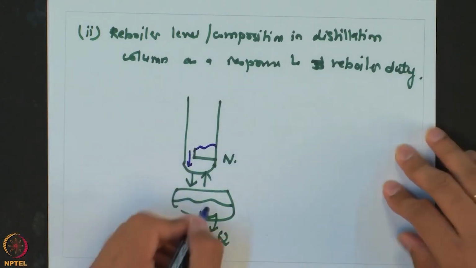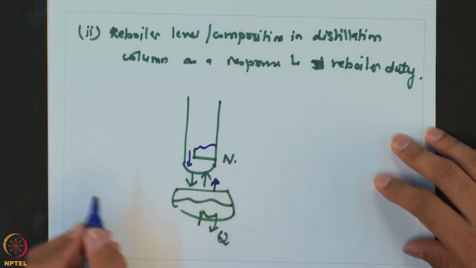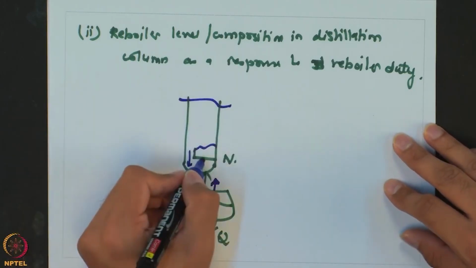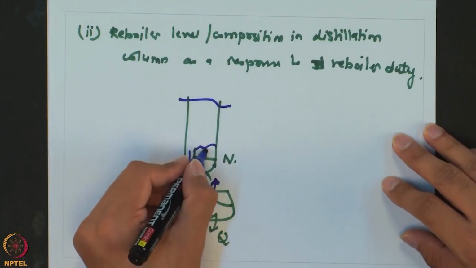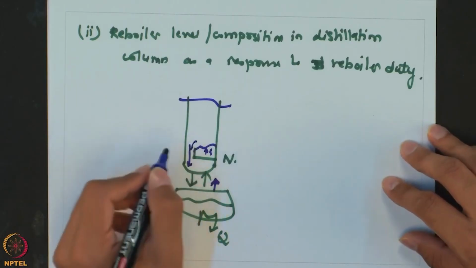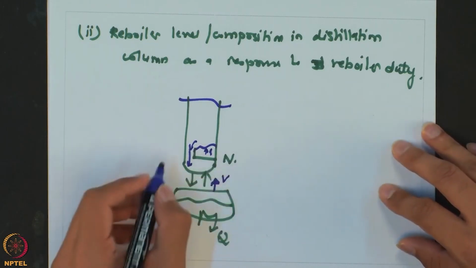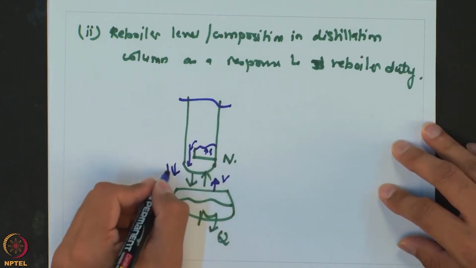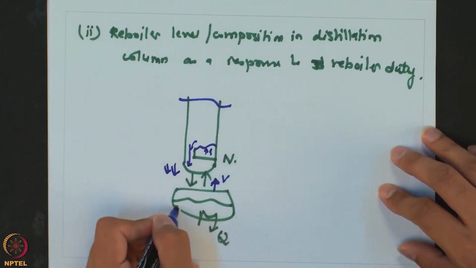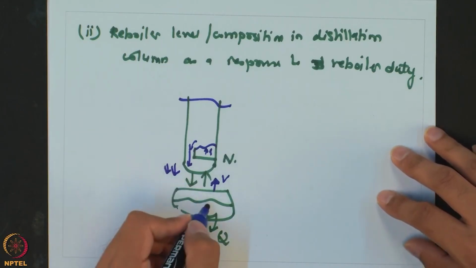When you increase the reboiler duty, the amount of vapor which goes up into the column increases, and as this vapor increases, it puts a force on this liquid which is on the nth tray, and it pushes more liquid down. So, the amount of vapor increase in this case is countered by more liquid which falls down, and even though we are boiling more liquid inside this reboiler, the net hold up of the reboiler momentarily increases.